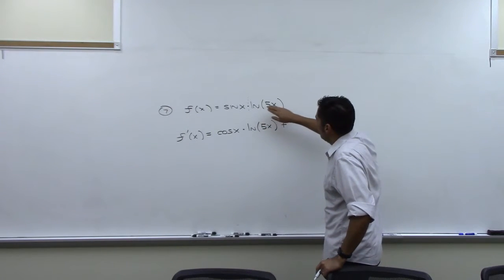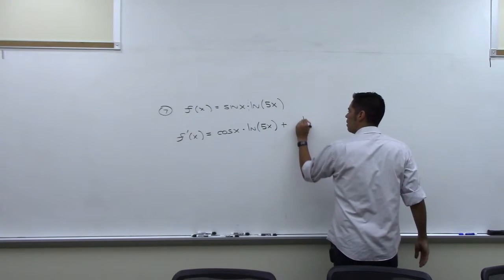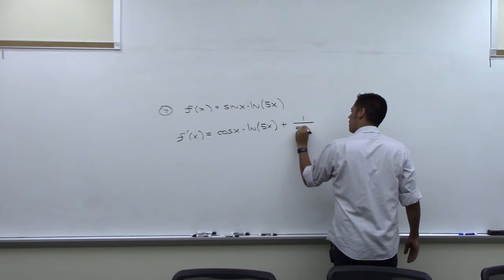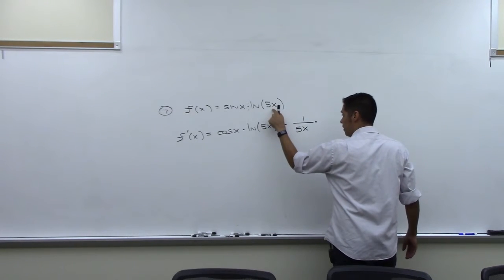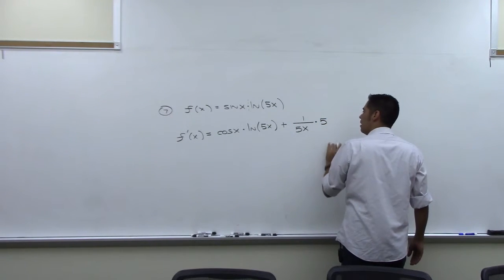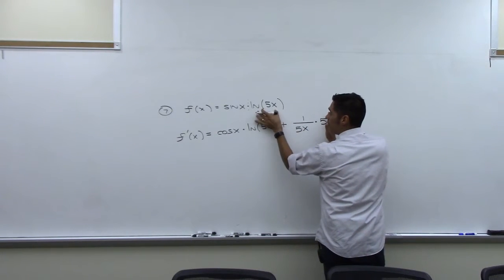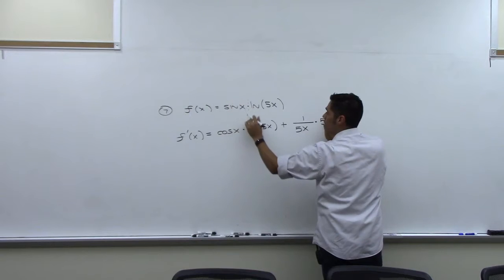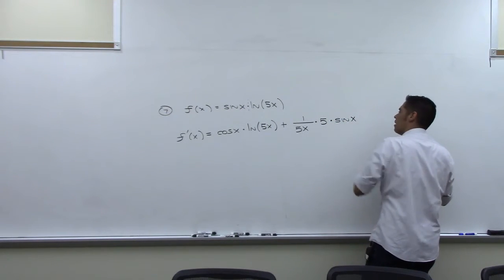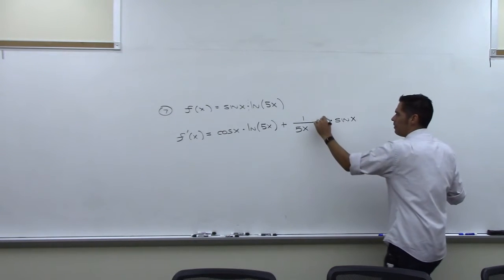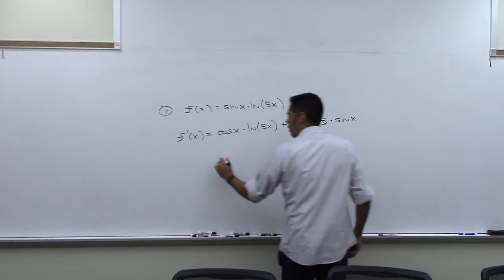Derivative of natural log of u is 1 over u times the derivative of what's in here, the derivative of u, which is just 5. But right here we're done with the derivative of this. But because this was coming from a product rule, we have to say times this first function. Right there. And notice these 5's cancel. Like that. And there's not a whole lot more I can do to clean this up.